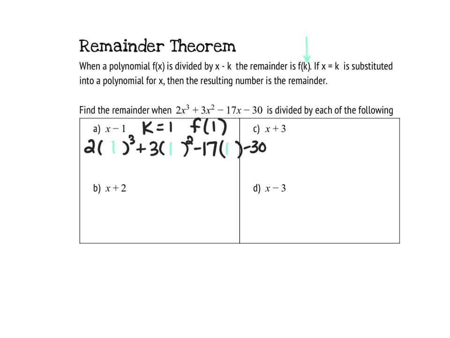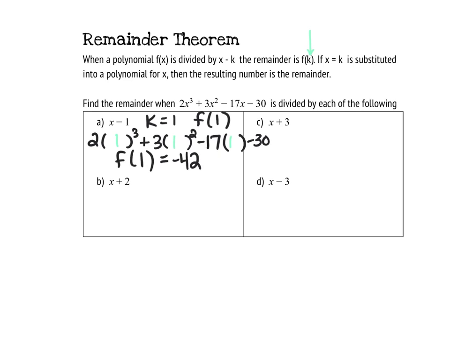So all of this being said, if I plug f of 1 in and I get out negative 42, that is my remainder. So right here, negative 42 is my remainder if I were to have done long division or synthetic division.